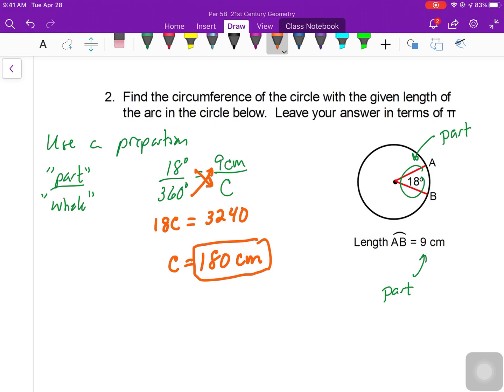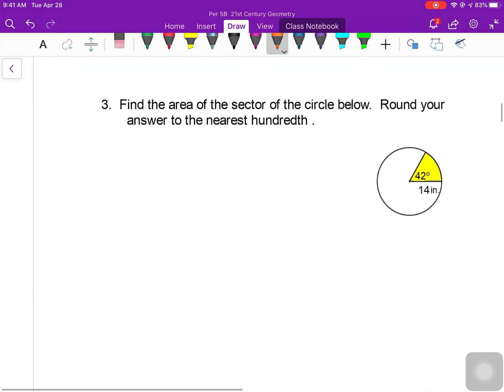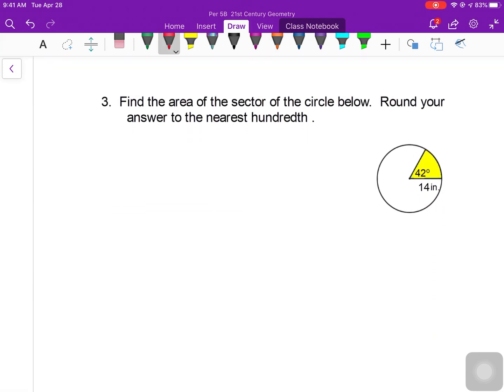Now, in that first geometry section of chapter 12, we also talked about area, specifically area of a sector. Here's one of those such problems. When we're finding the area of a sector, we again first needed the fraction of the circle.